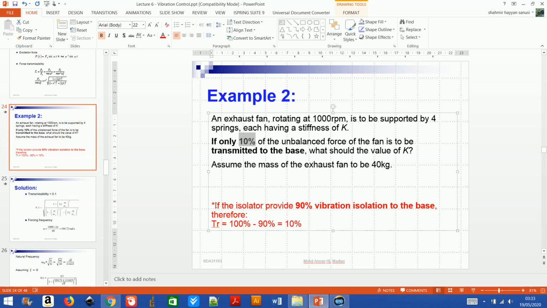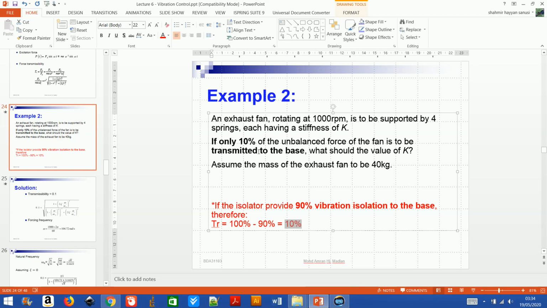For example, if the isolator provides 90% vibration isolation to the base, that means the isolator managed to prevent 90% of vibration, so the transmissibility ratio is not 90%. It would be 100% minus 90%, therefore the transmissibility ratio would be 10%.